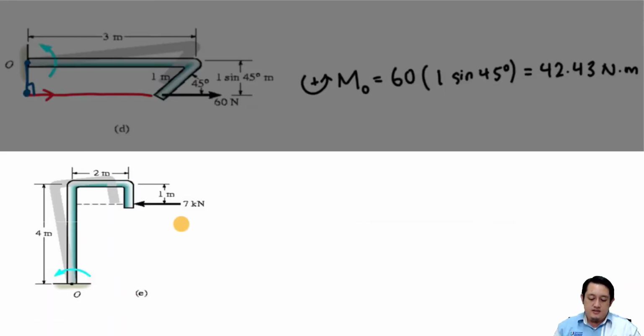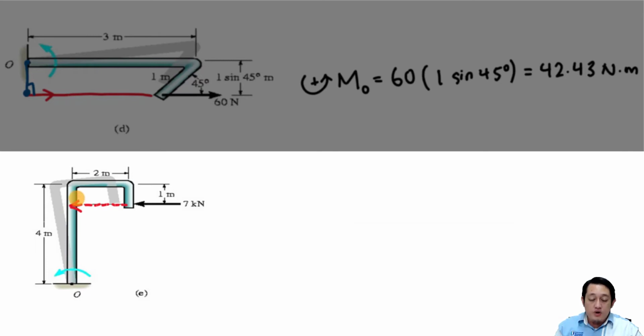So let's take a look at the last example, which is this one. E here. How to calculate moment at O? So we have distance 4, distance 2, distance 1. Again, when we want to find the 90-degree distance, make sure to extend the line of force here, up until near the rotation point.